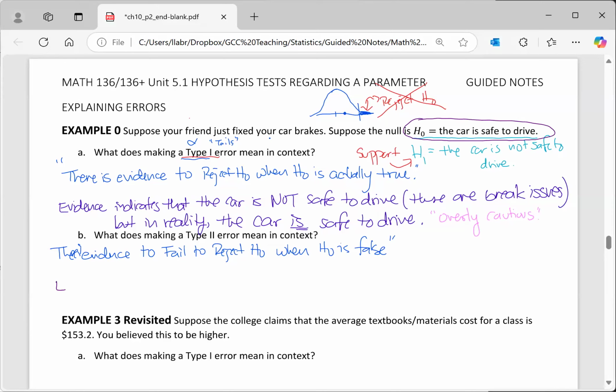So we're going to say evidence indicates. So notice that we fail to reject the null. That means we cannot support H1, which is that the car is not safe to drive. So evidence indicates that the car is safe to drive.